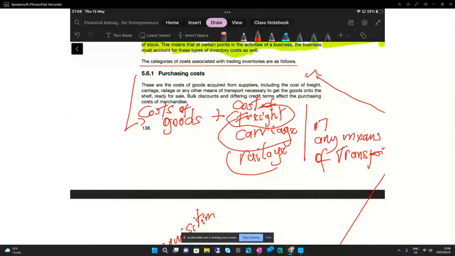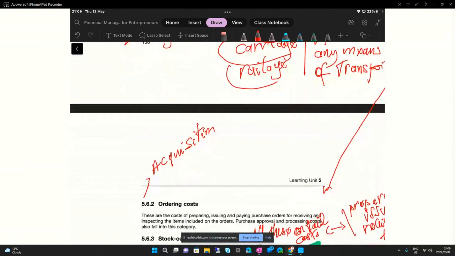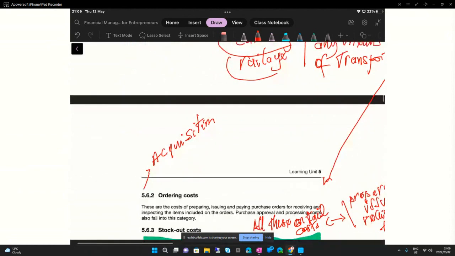And so cost is not just the cost of goods that you've bought. Everybody could limit themselves there, but you as an entrepreneur should go further to understand that the transportation of that product and all the costs involved to make that product available need to be taken into account.